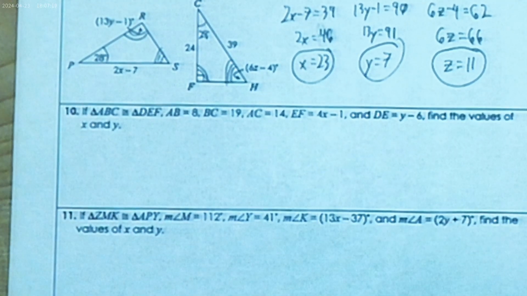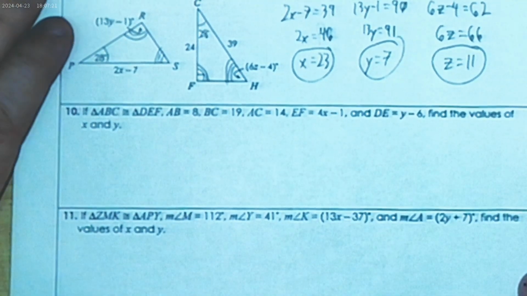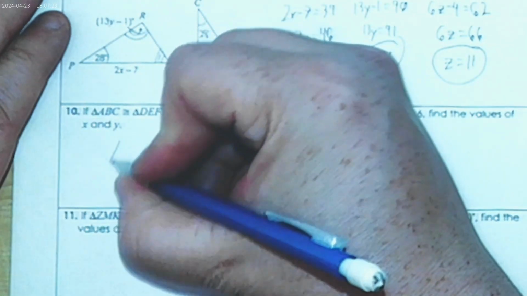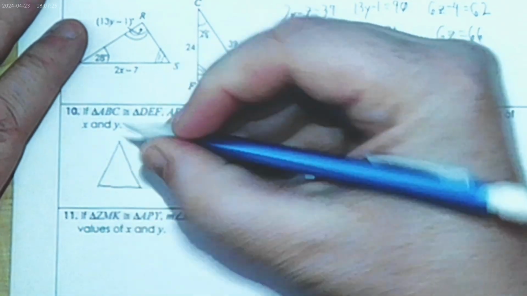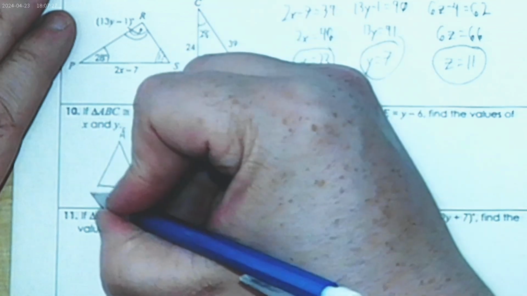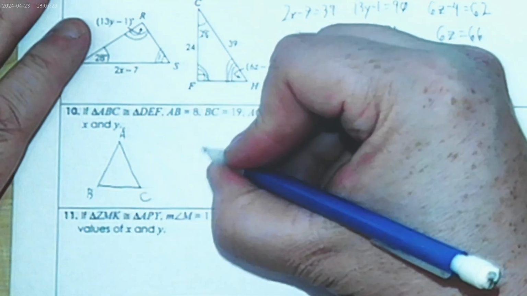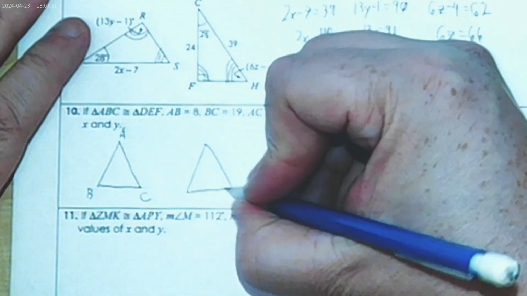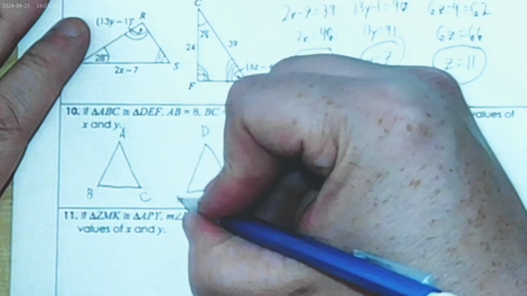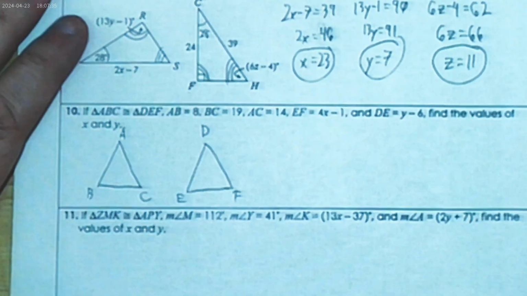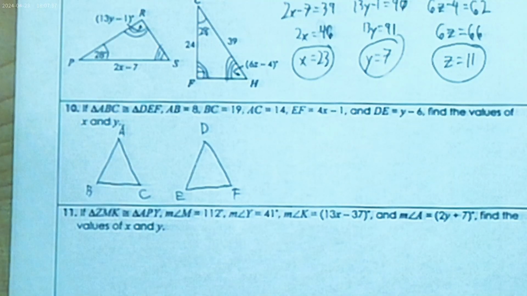All right, so ABC is congruent to DEF. Ooh. So with this one, A, B, C, D, E, F. There we go. Not to scale, but we have that. Just by virtue of how I drew them, all the reference angles are in the right place.